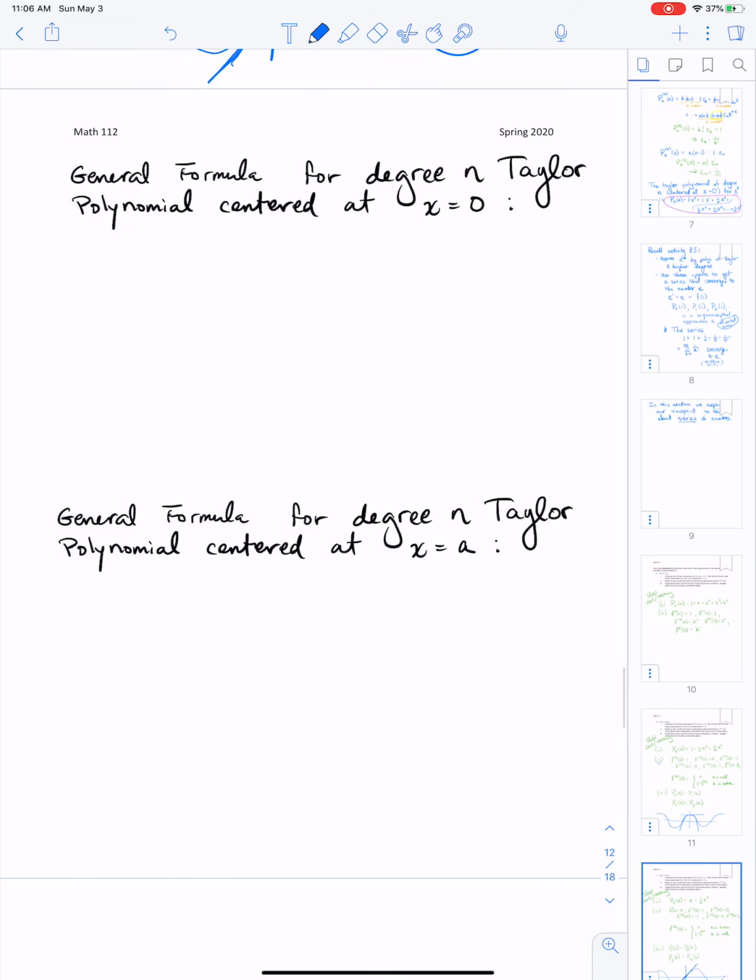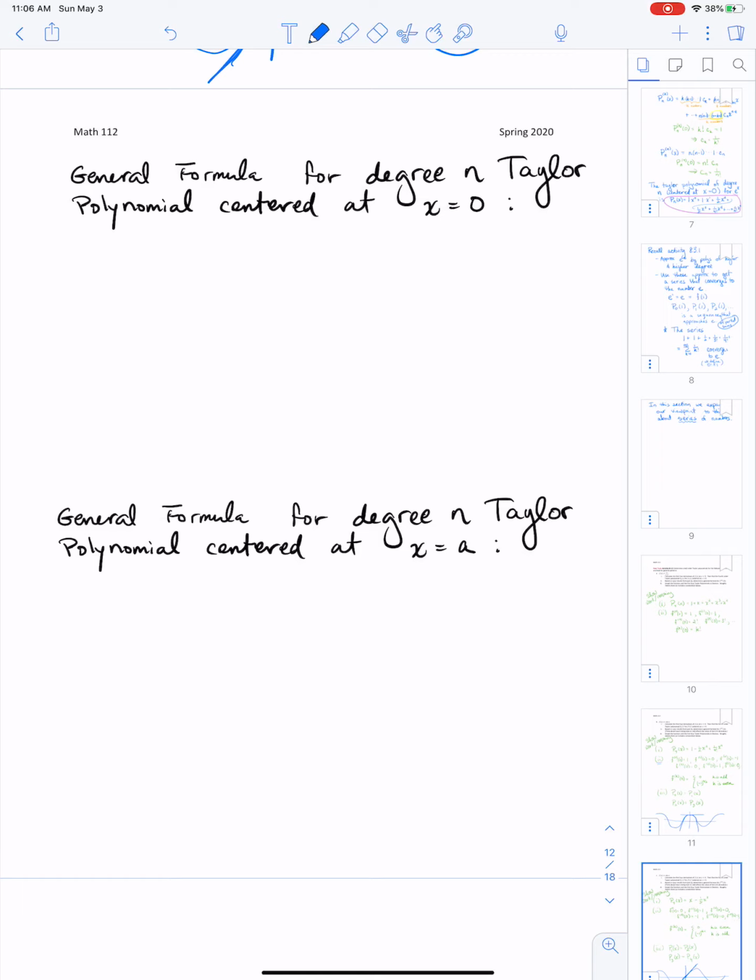So let me just summarize for you the general formula. You've now gone through this process where you've computed degree 4 Taylor polynomials by computing derivatives of the function and then evaluating those derivatives at 0 and plugging into our formula here. And so I just want to go through here and give you the general formula that you can use in this setting.